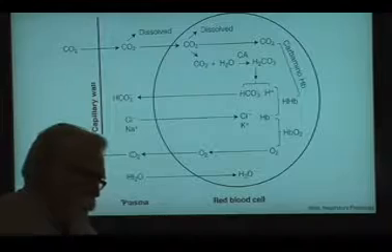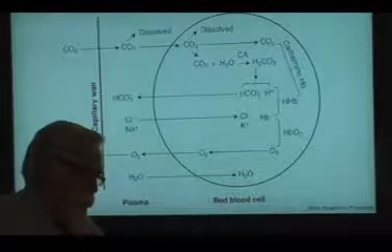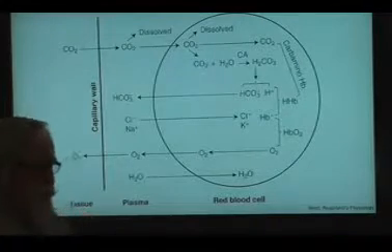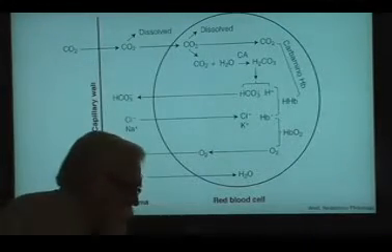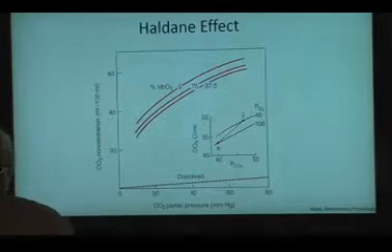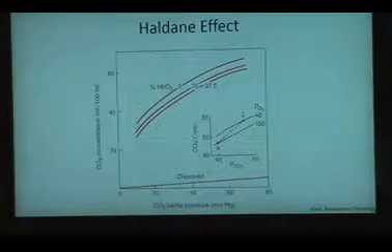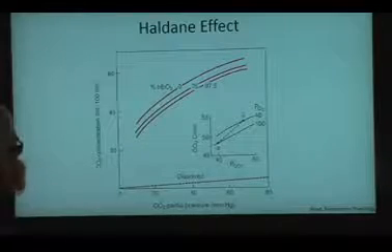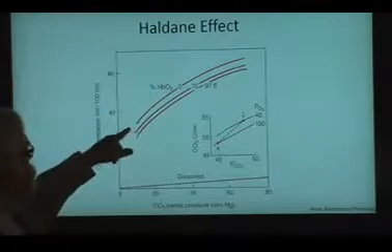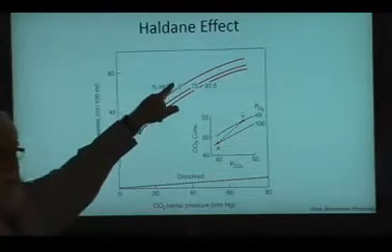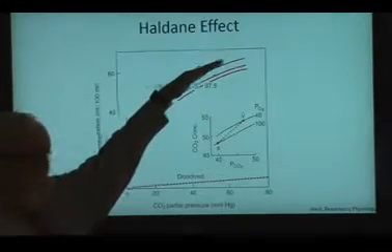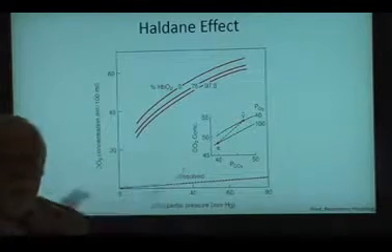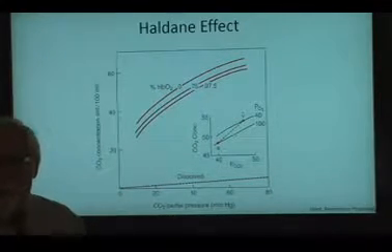Now we talked about the Bohr effect, and how the Bohr effect is the relationship between pH and the position of the oxyhemoglobin dissociation curve. If we look at the CO2 dissociation curve, we can talk about the Haldane effect. First of all, you notice that it is essentially linear, as opposed to the S-shaped oxyhemoglobin dissociation curve.